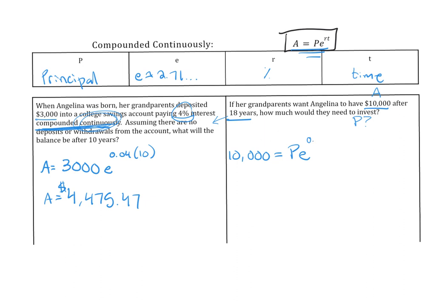So it's still 0.04 times 18. So to solve for P, we can do 10,000 divided by this. So when you type that in your calculator, you will get that if this is what they want, they need to invest $4,867.52 to start.